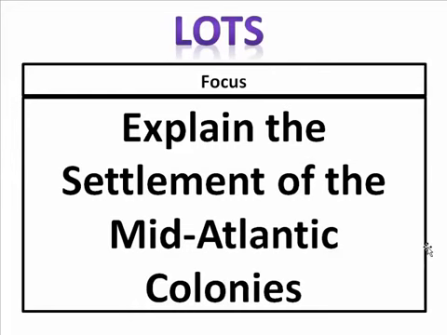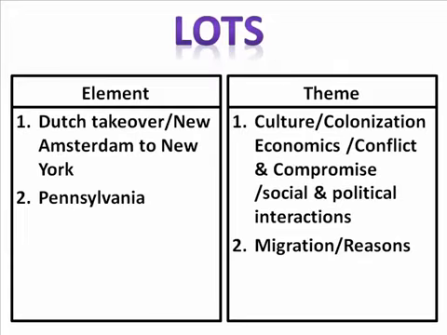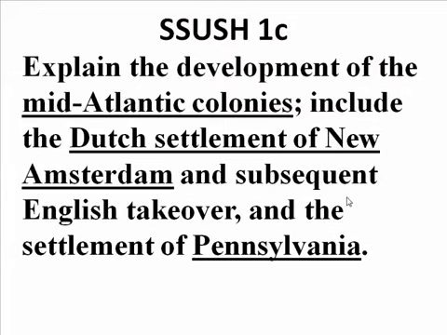Mid-Atlantic colonies. If we made a central question out of this, what should we learn about the settlement of the mid-Atlantic colonies that's going to help us pass this EOCT, or end of course test? Alright, and let's look at these elements. It's the Dutch takeover, the English takeover of the Dutch New Amsterdam. Alright, let's turn our attention to 1 Substandard C, and let's look at the language of the standards here.